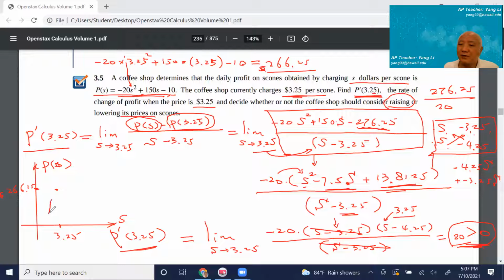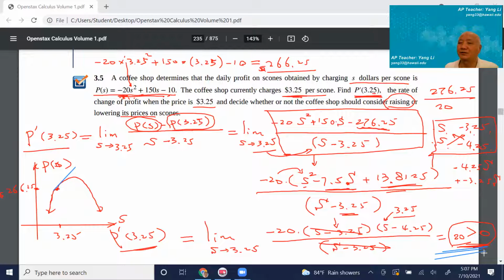The graph is this parabola. We know this is a parabola opening down because the square term coefficient is negative. So this one continues to go up like this. That means this graph is at the portion of rising. What does that mean? The slope of the tangent line is positive 20 here.